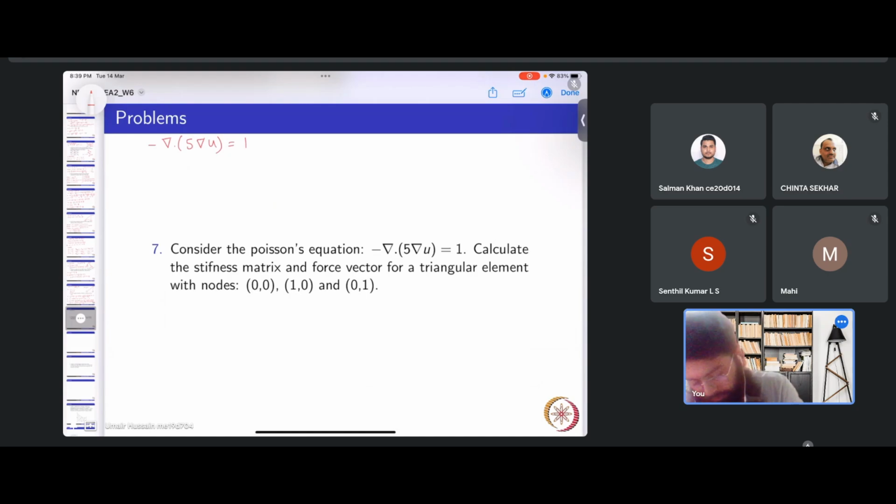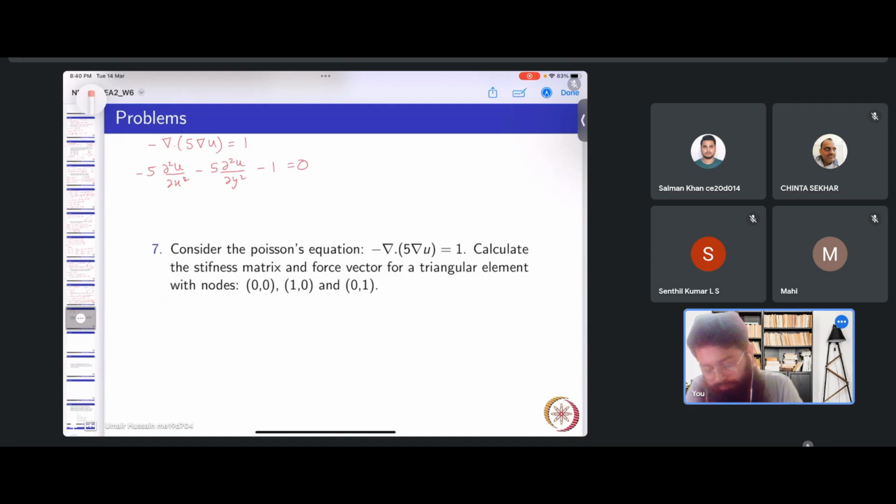And if we do that, I'll just try to simplify the equation. So it's constant. Let's write it like this. So if we write the weighted residual statement, I'll just write it quickly.